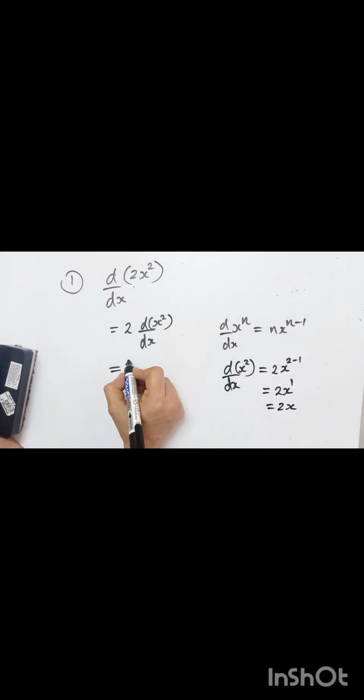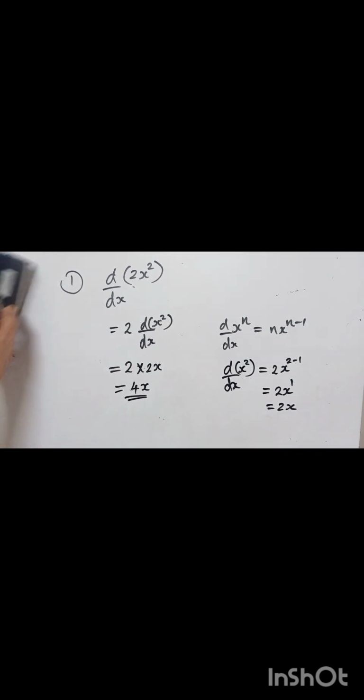The constant which we kept outside, 2, multiplied by the derivative of x square, which is 2x, that we got by applying the power rule. So 2 multiplied by 2x is 4x. So the derivative of 2x square is 4x. In that way, we can do problems of this type by applying the power rule.